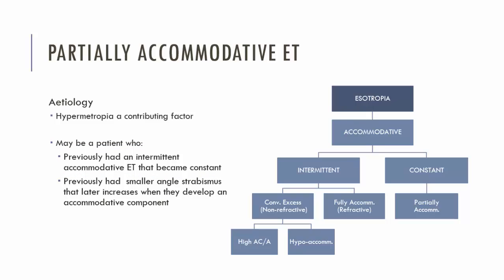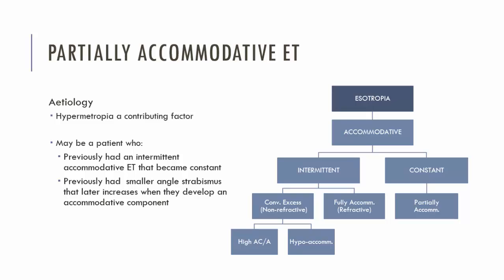In which case, over time, what's happened is that it's become more constant and the patient has developed a non-accommodative component to the deviation, meaning that even with full correction of hypermetropia and or with any bifocals, if it was a convergence excess esotropia, the esotropia now persists through that correction.